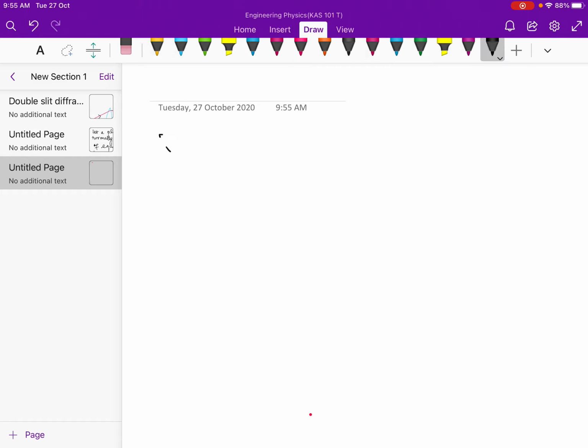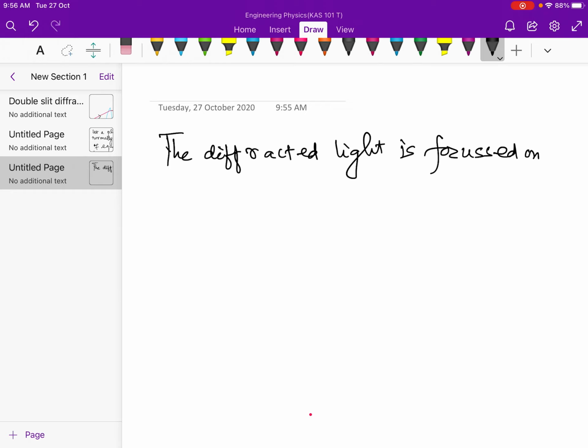So the diffracted light is focused on the screen XY.